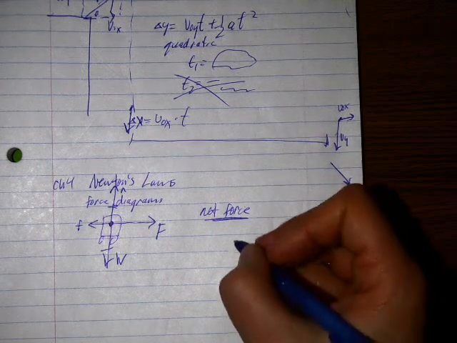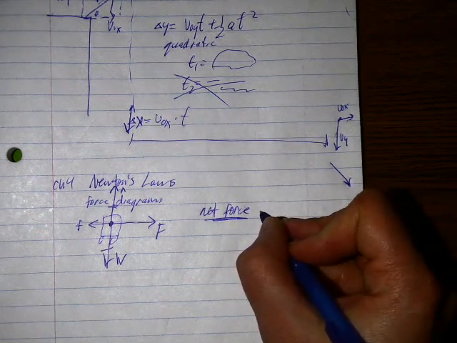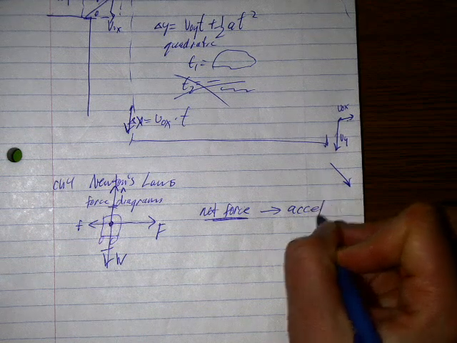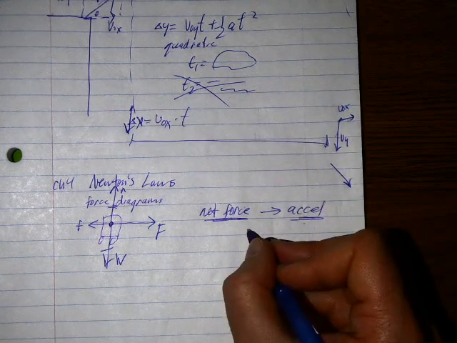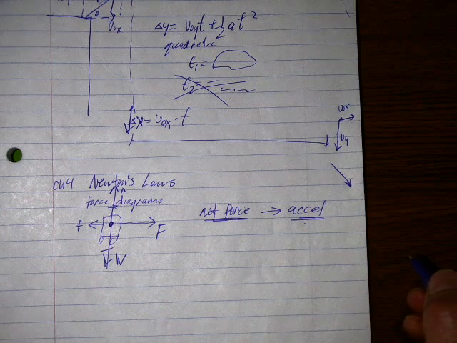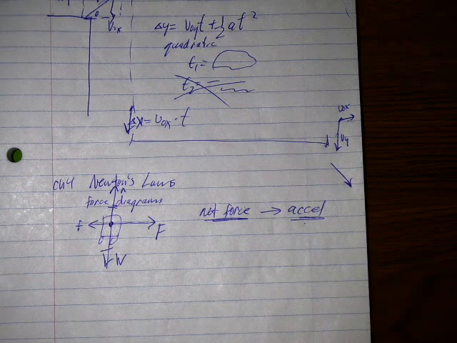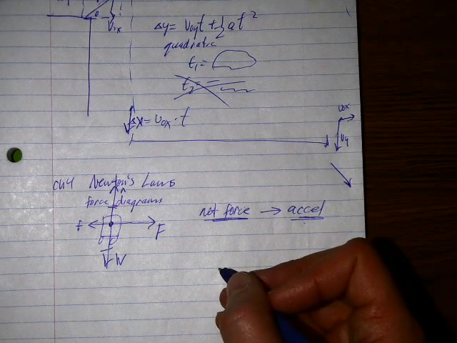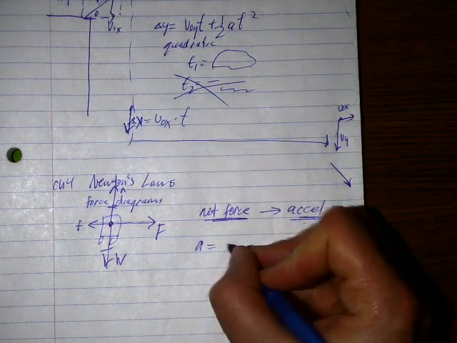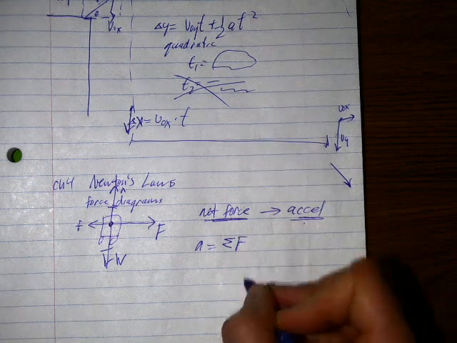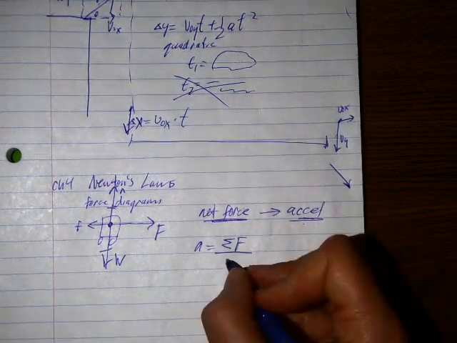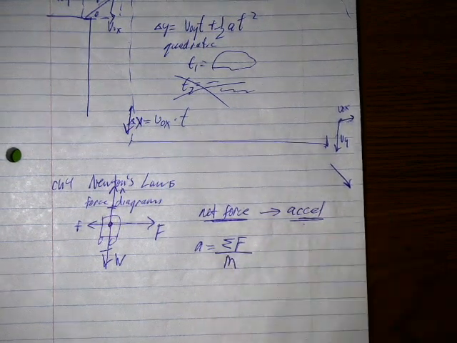Why we cared about that is because the acceleration depended on the net force. In fact, the acceleration is caused by the net force. The bigger the net force, the bigger the acceleration. But then we also learned along the way that mass plays into it equally well. So acceleration is the net force, or sometimes we could write the sum of the forces, divided by the inertia, which is measured by the mass in kilograms.